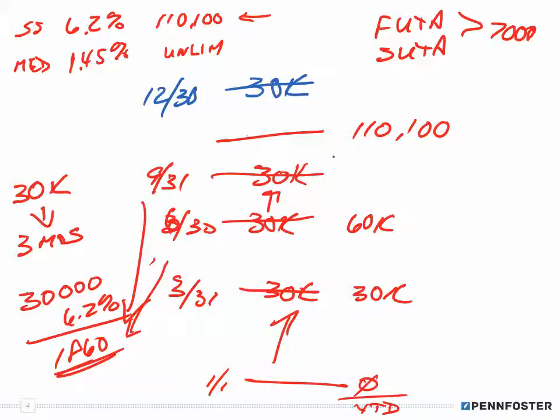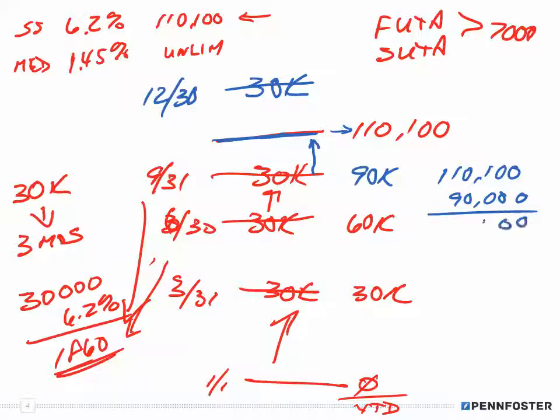Their year-to-date was $90,000 at the end of September. They only have to pay tax up to the $110,100 limit. The difference between here and here: $110,100 less $90,000 is $20,100.